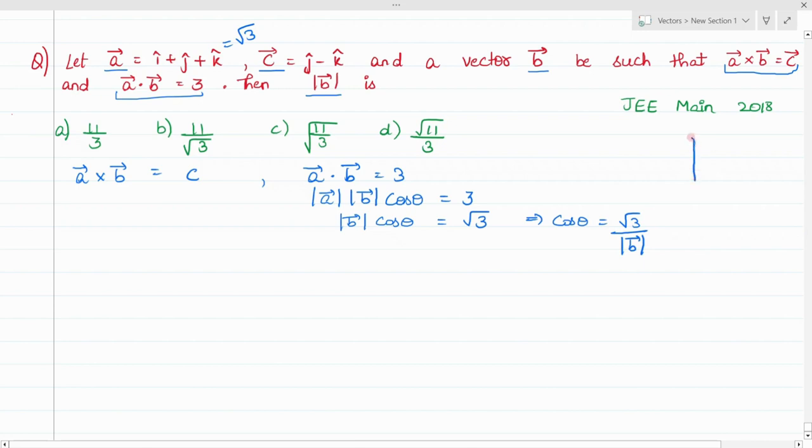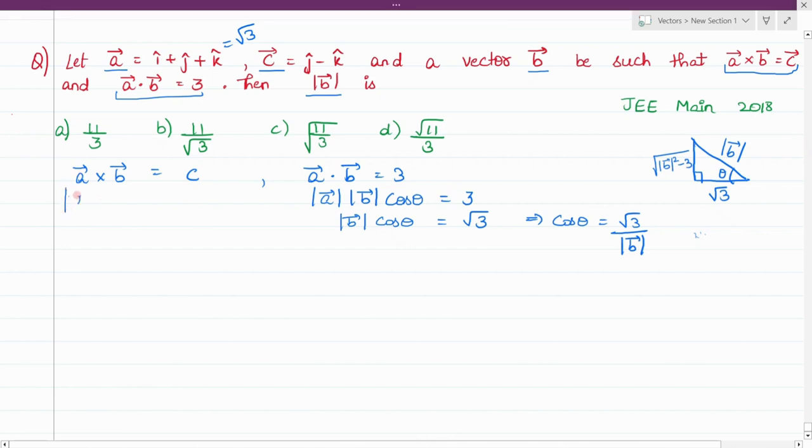So if you observe a right angle triangle, if this is theta, cos theta is this will be under root 3 and this is magnitude of B vector. What this becomes is under root magnitude of B square minus 3.